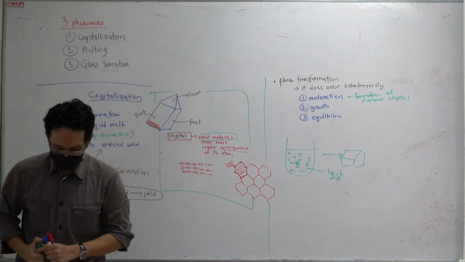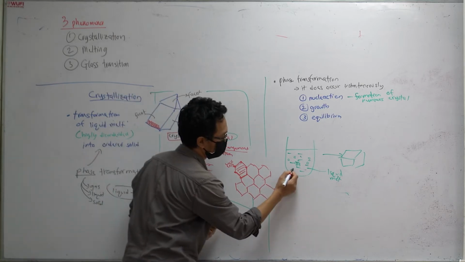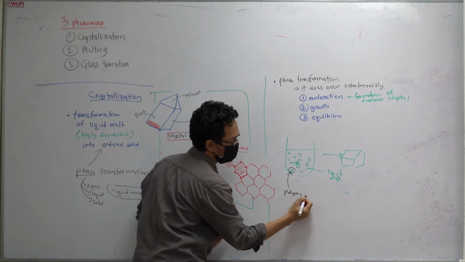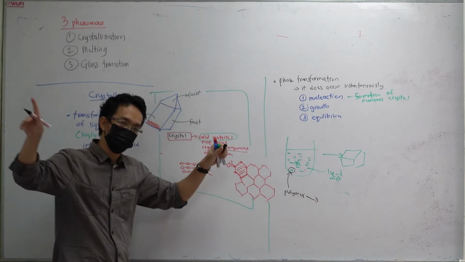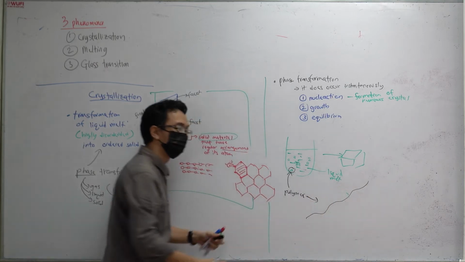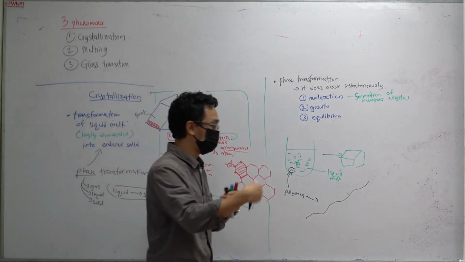So in polymer, let's say I take this crystal. In polymer, we know the polymer is what? Polymer is basically a chain of molecules, right? So you have a chain of molecules. This is the definition of polymer, a chain of molecules that repeats again and again.